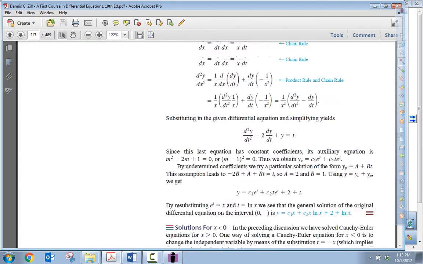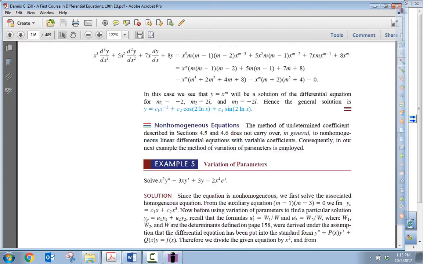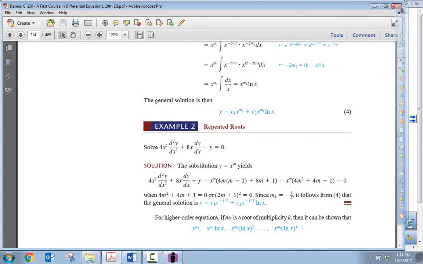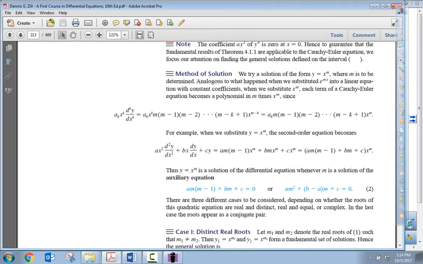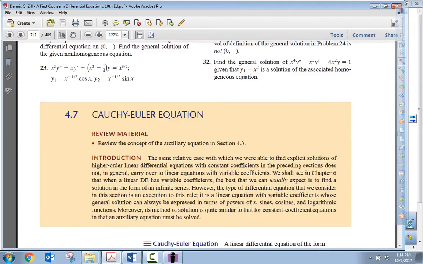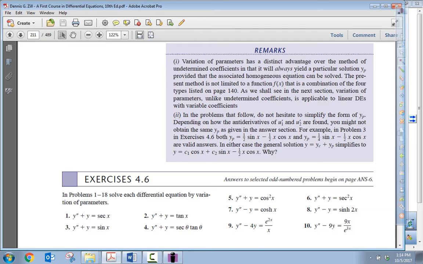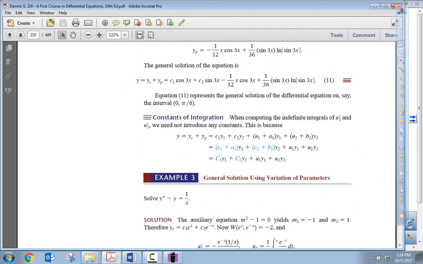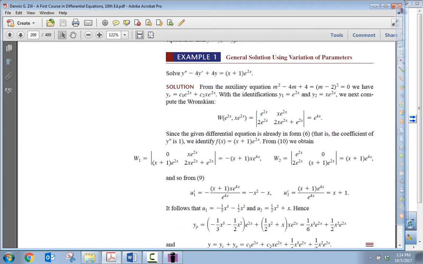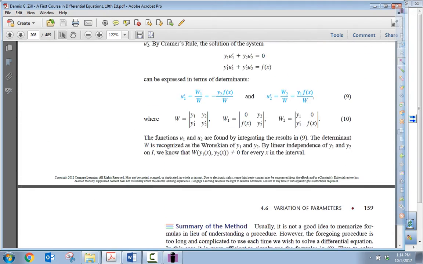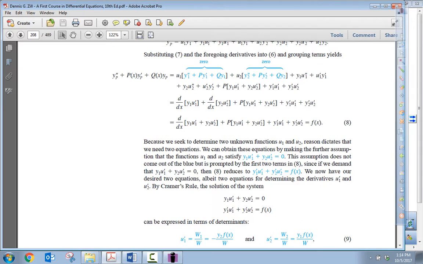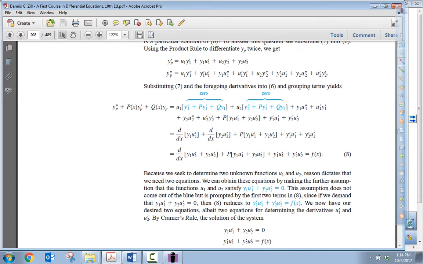No, it'll be variation of parameters. This is how they justify that the... oh yeah, it gets really complicated.